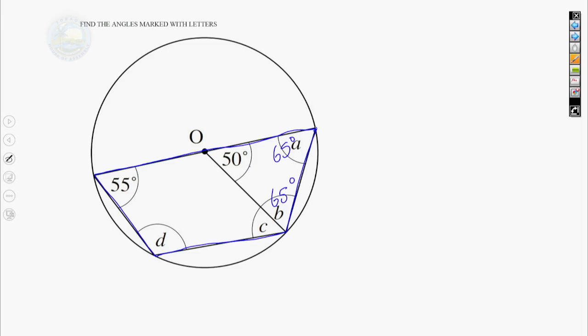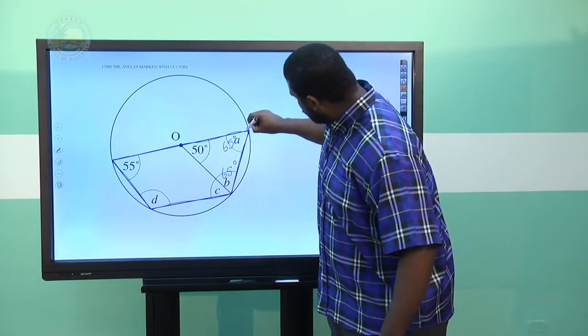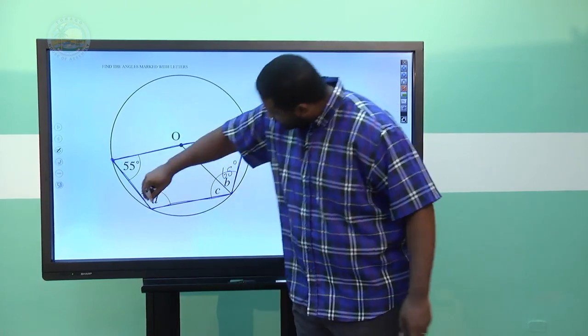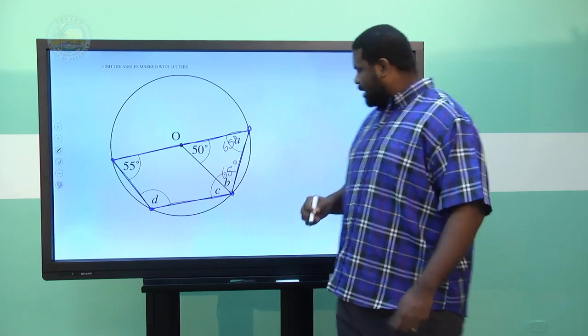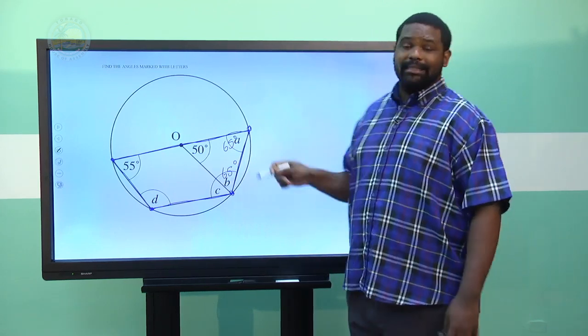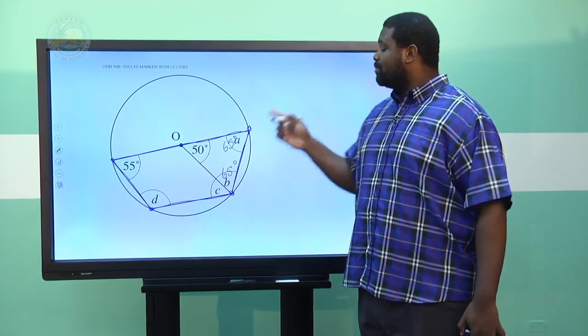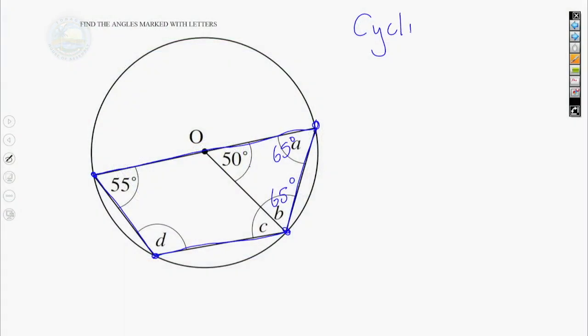But not just that. Where are the vertices located? Well, one is on the circumference here, another one on the circumference there, another one here, and another one there. All 4 vertices are on the circumference of the circle, which makes this quadrilateral a cyclic quadrilateral.